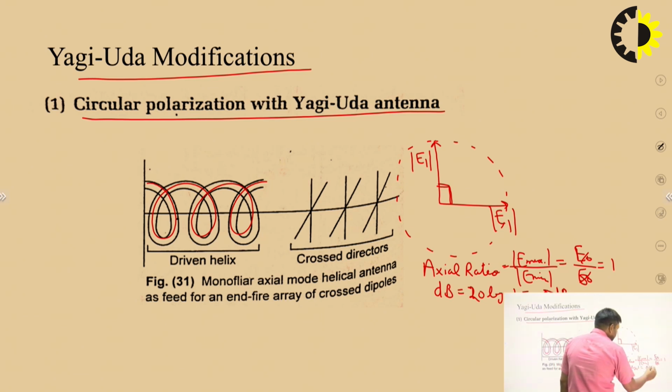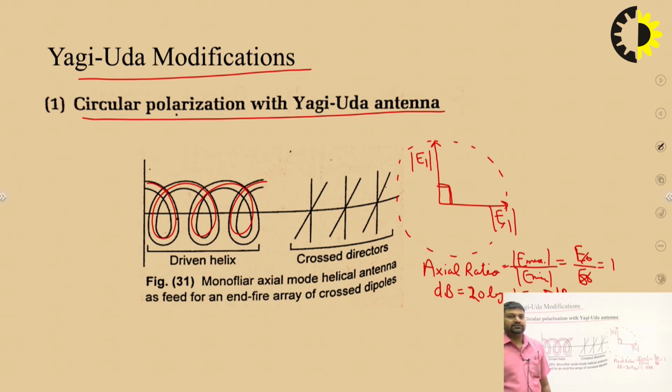So if a Yagi antenna has an axial ratio of 1, we can say it is circularly polarized, and the axial ratio is 0 dB. By using this driven helix structure, we modified the Yagi antenna for vehicular and mobile applications, having an axial ratio of 0 dB, or circularly polarized antenna.